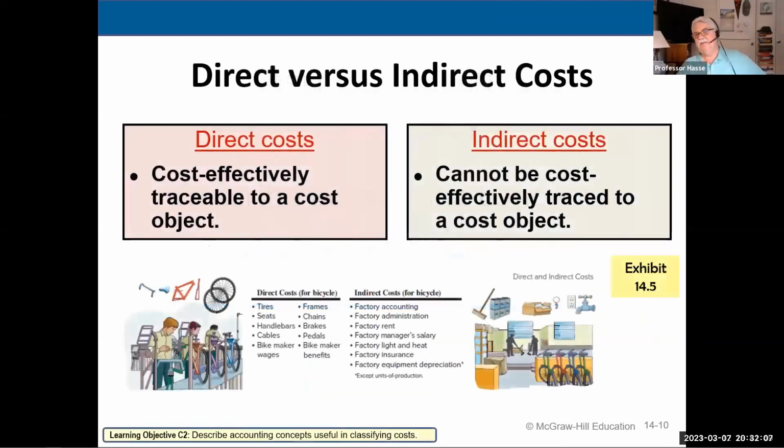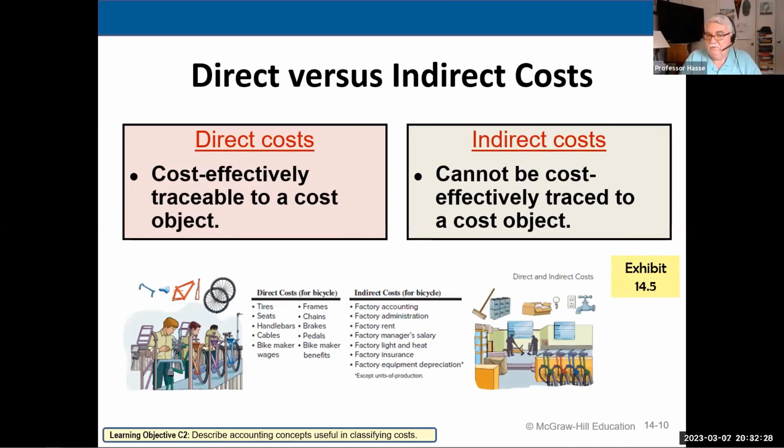The key thing in managerial accounting, and we'll be concentrating on this especially next week, is that we have to learn to classify our costs. Direct costs, indirect costs. A direct cost is a cost that actually provides the product or service.